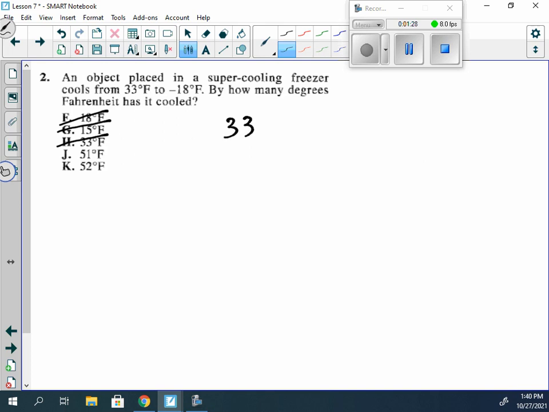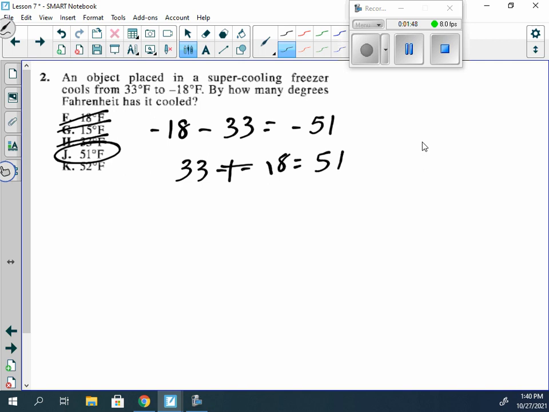So really we could do 33, and that gave you? Or if we did 33 minus negative 18, it would still be 51 degrees. The amount of change is 51.